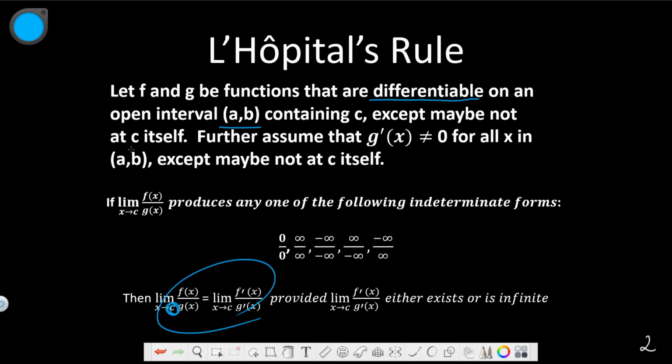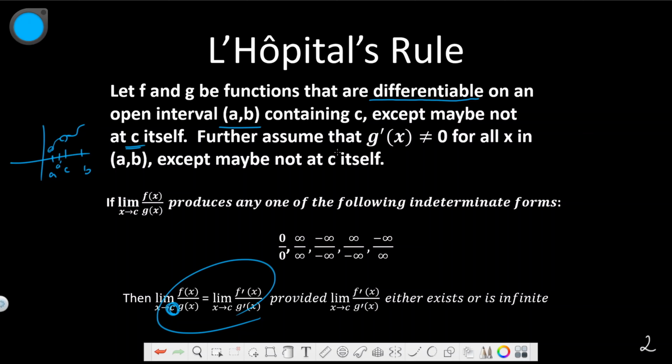It does not need to be differentiable at c itself. It just needs to be differentiable everywhere on that open interval except at c. Let me draw a little picture. Here's our point c. Here's our points a and b. It doesn't need to be differentiable at c, but it does need to be differentiable everywhere on a to b. If it's not differentiable here, we'll just move a a little bit closer.